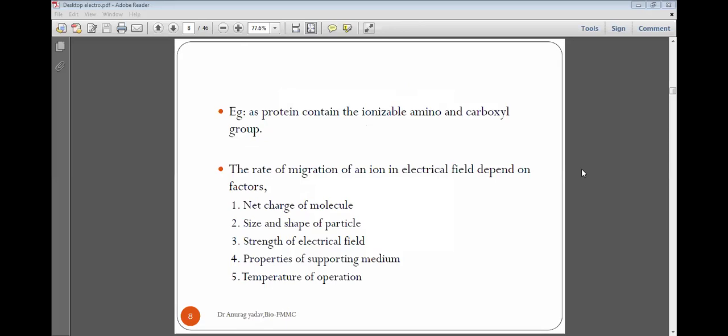So the basic principle involved is what? There is a migration that takes place. If we compare this technique with the previous techniques, say column chromatography, paper chromatography, thin layer chromatography, the basic principle involved is what? There is a separation of ions between the two phases, depending upon their partition coefficient, depending upon their adsorptivity value, the adsorption phenomenon. Those compounds which show higher adsorptivity will get retained first.